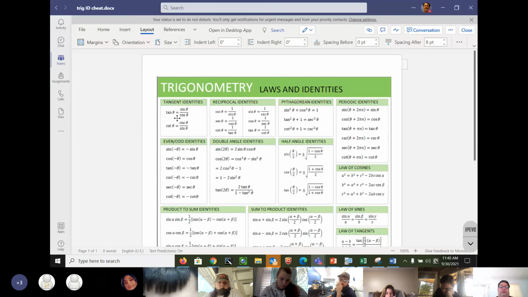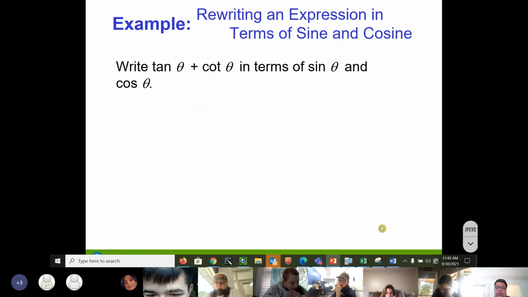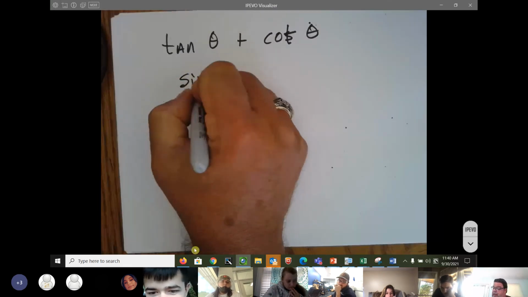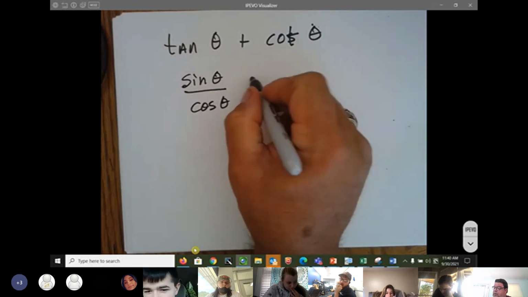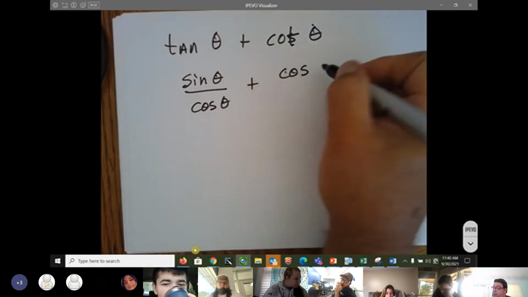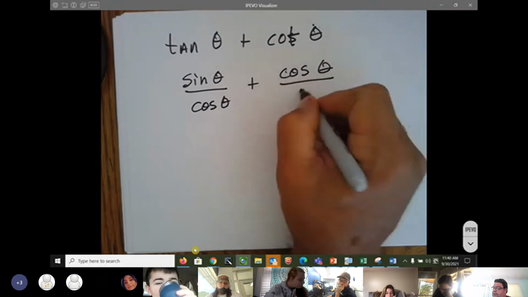And the cotangent is equal to cosine over sine. So you're going to use both of those. So sine over cosine plus cosine over sine.